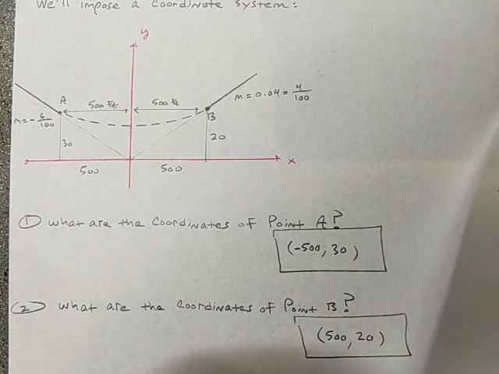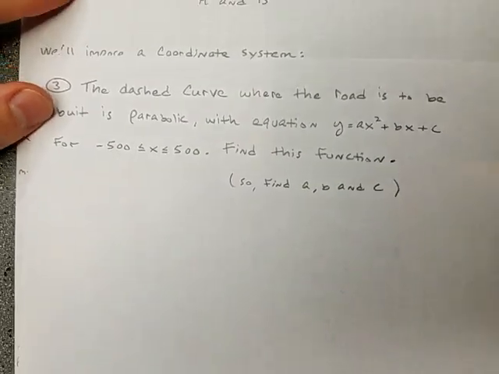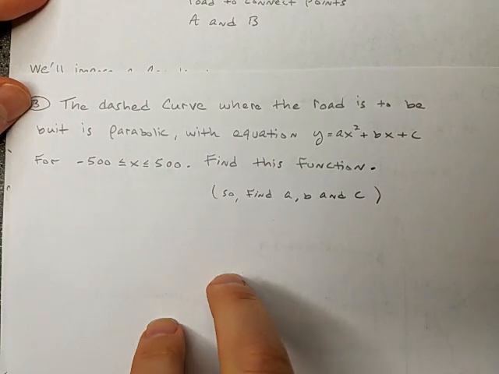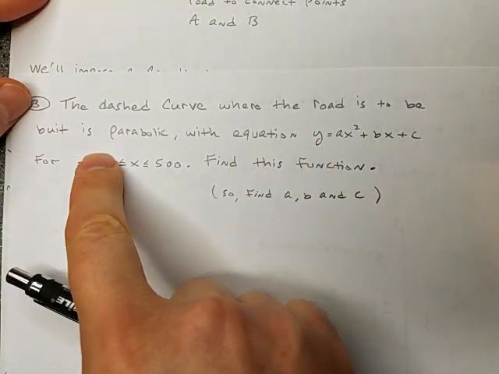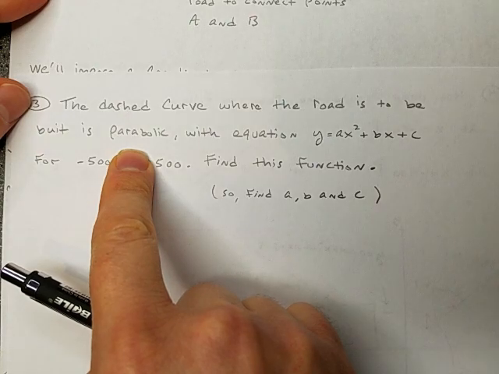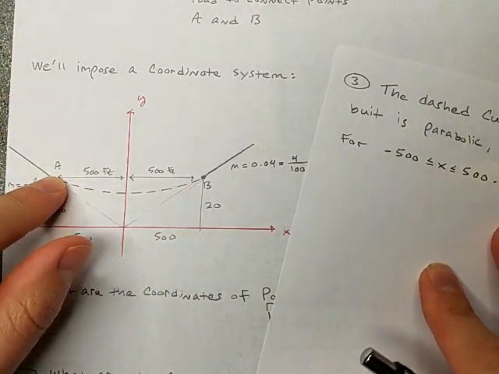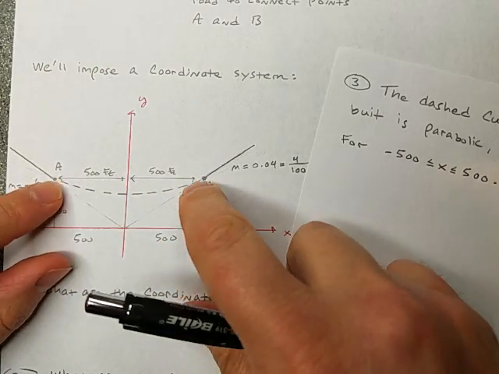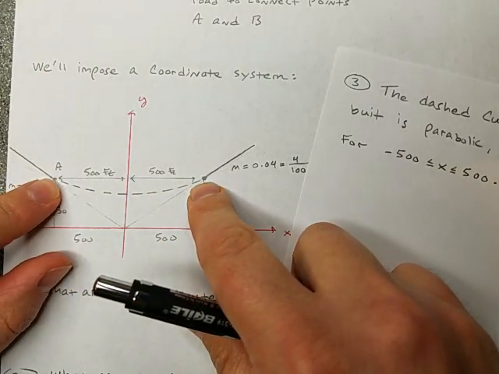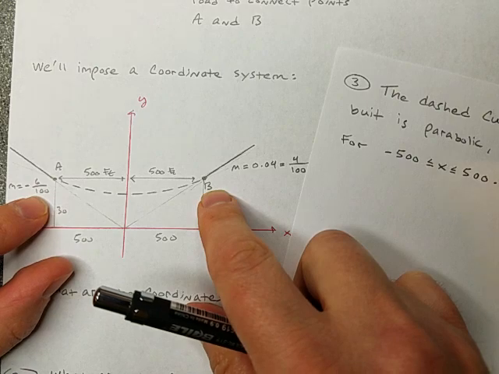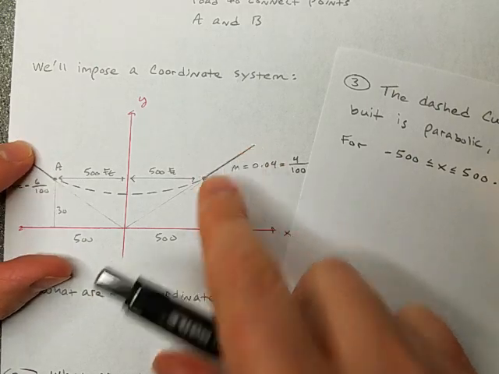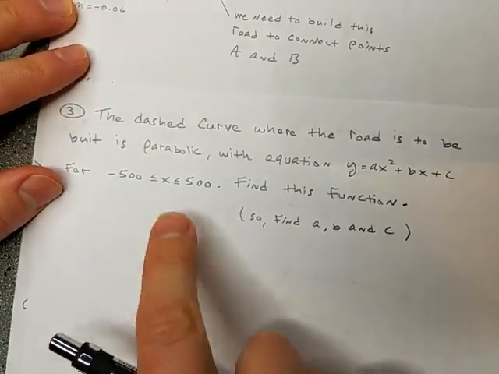All right. So let's do this. The dashed curve where the road is to be built is parabolic. All right. So it's going to be a curve that dips downward and intersects seamlessly with point A and B on the mountains, and then the roads that are projected from there. So it's parabolic.